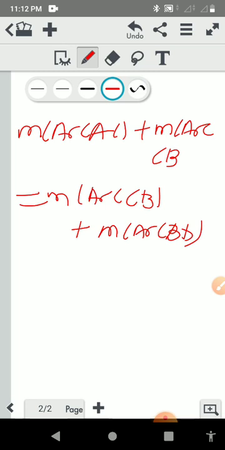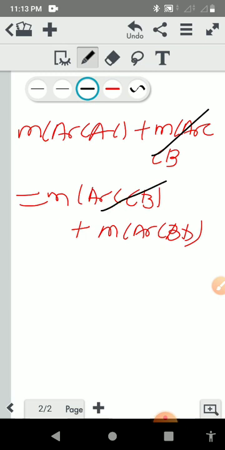We have to write down the complete arc. Arc AB is AC plus CB, and arc CD is CB plus BD. Here, arc CB is common in both.